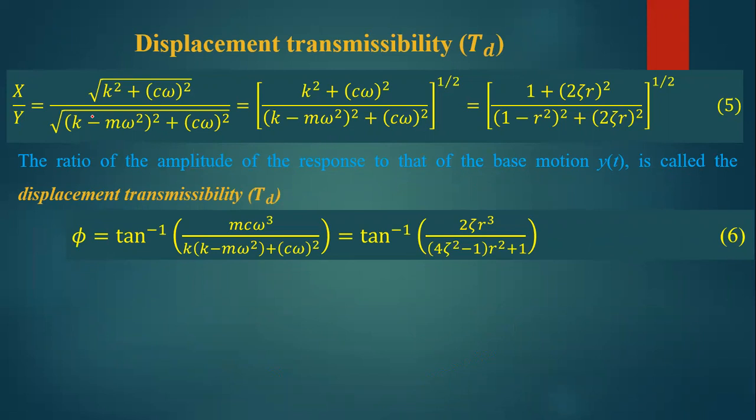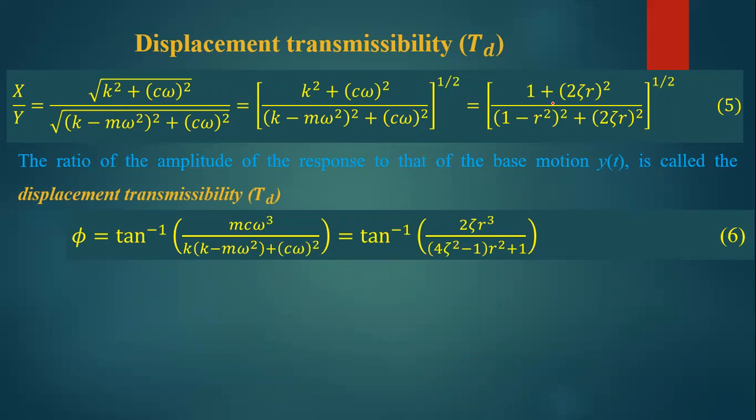It means the relative displacement between the base and the suspension system or the structure, which gives us radical of (k square plus c omega the whole square) over radical of ((k minus m omega square) the whole square plus (c omega) square).